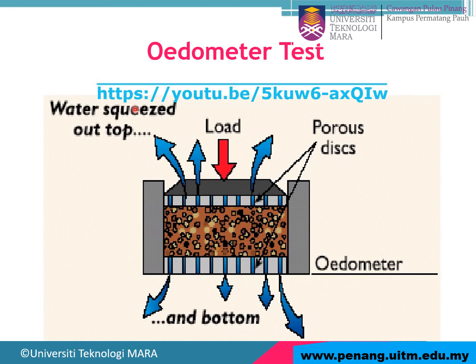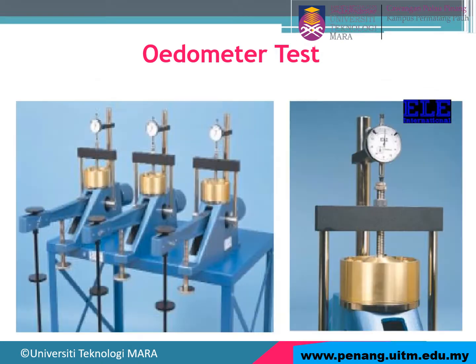This is the YouTube link that you can refer to for how the odometer test is conducted. Alright, this is the odometer test apparatus. Look at this, this is where the load is applied, and then we have the mould here, and you will have the reading here for the test.